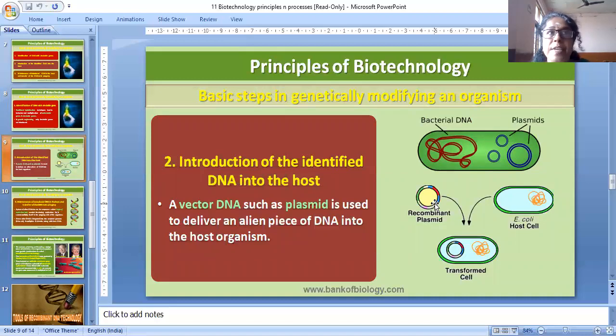As we learned in 11th, E. coli has a very high multiplication rate.